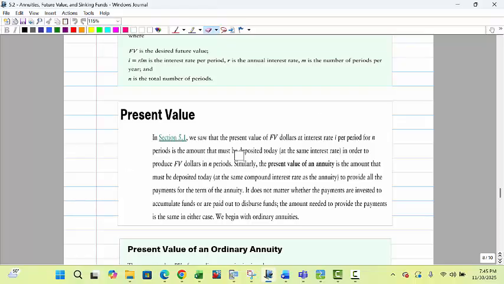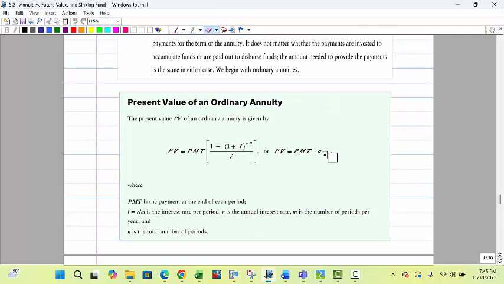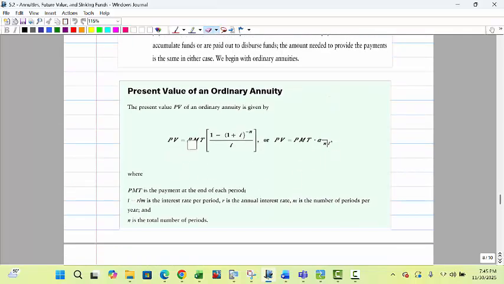Okay, we're going to start with ordinary annuities for this. So the present value equals payment, and a little different here. It's 1, so the 1 goes in front, 1 minus (1 plus i) and you see the exponent's negative n. That's not a typo.